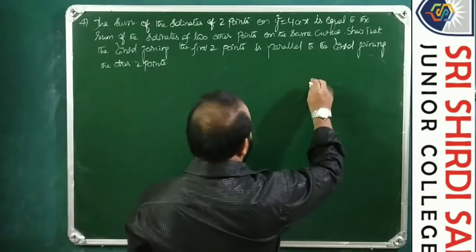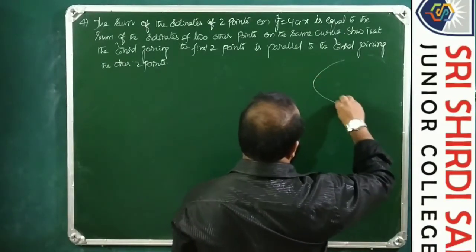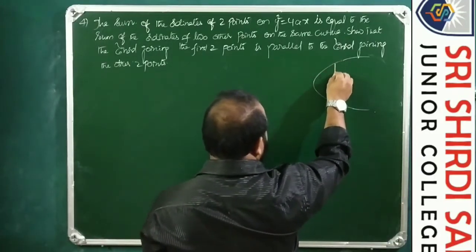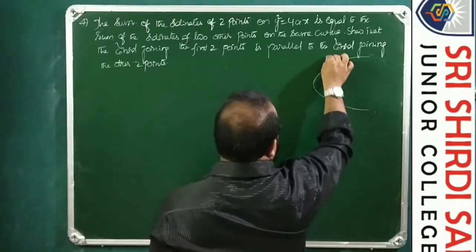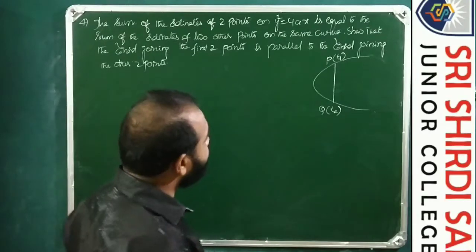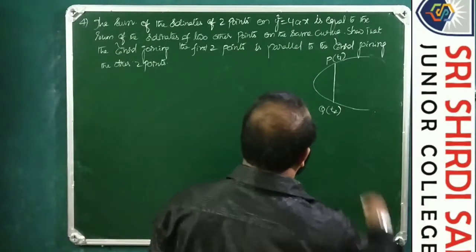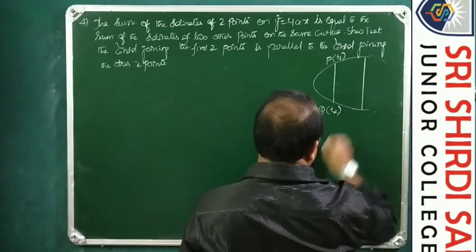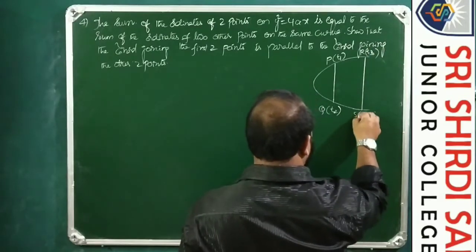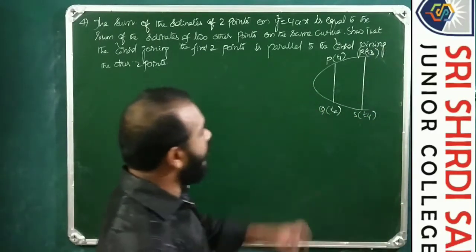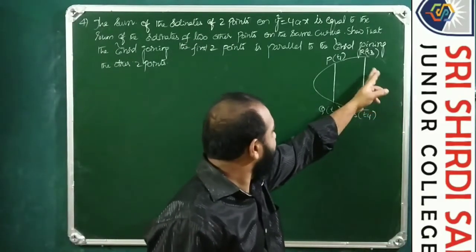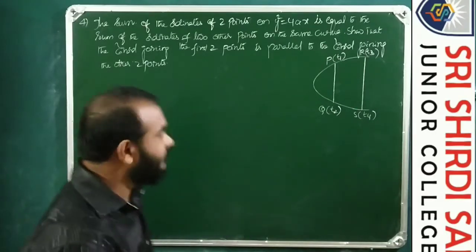So let us take the parabola y square equals 4x like this, and so let P(t1), Q(t2) be the 2 points, and R(t3) and S(t4) are other 2 points on the same parabola y square equals 4ax.